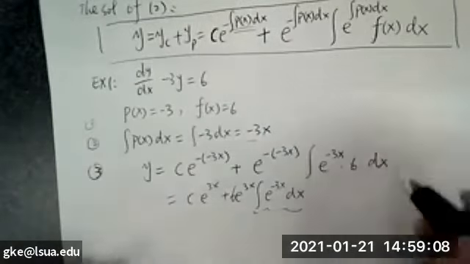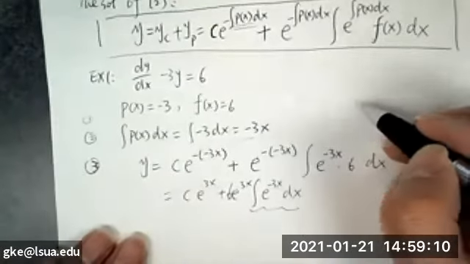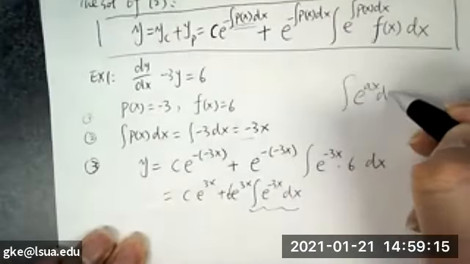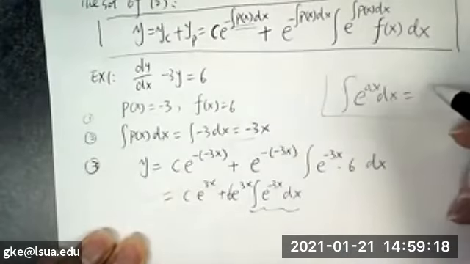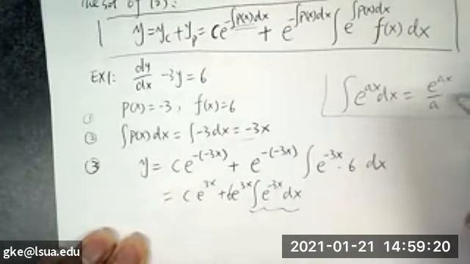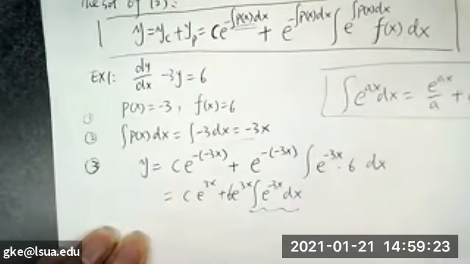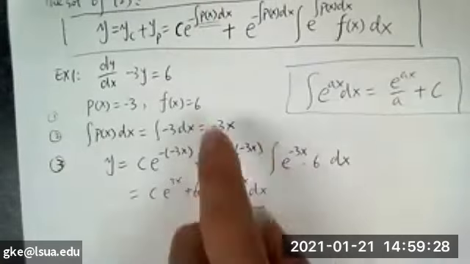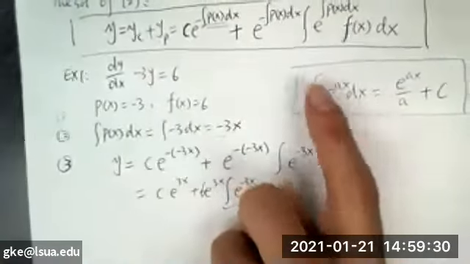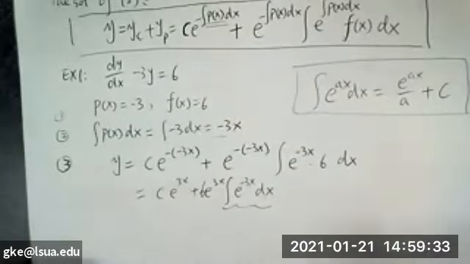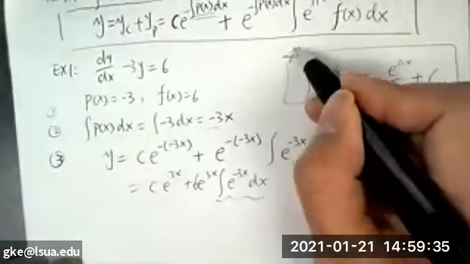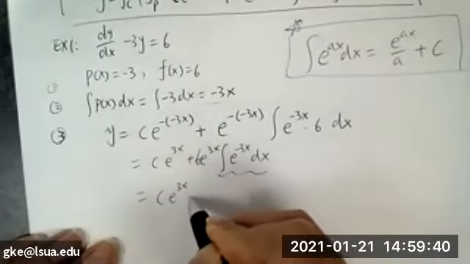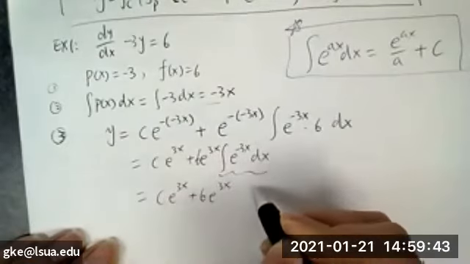How to calculate this integral? We know the antiderivative of e to the power ax is e to the power ax divided by a plus c, right? That's what we learned before. So this is a formula. Let's do this integral.